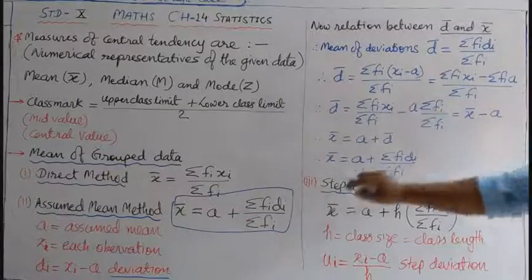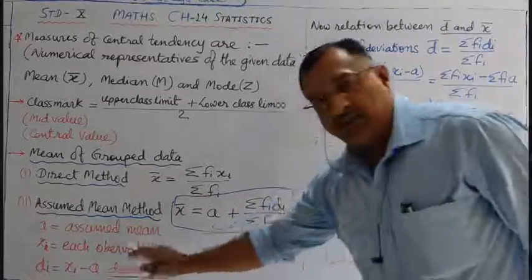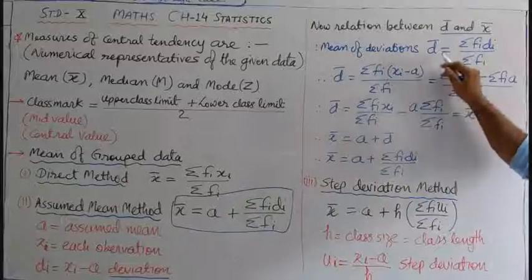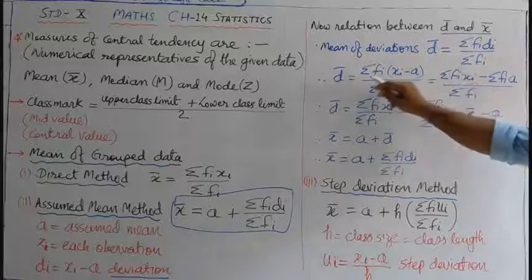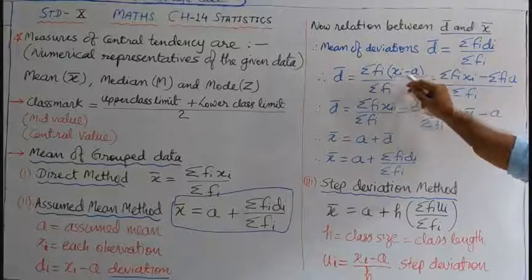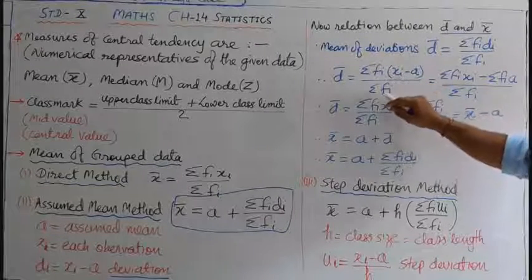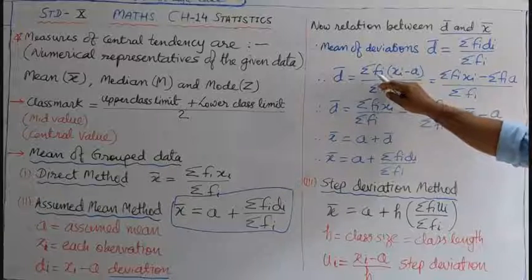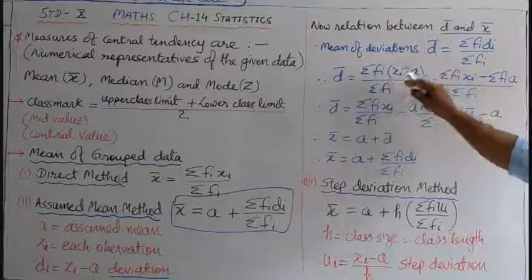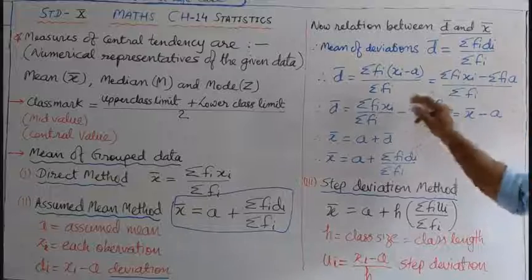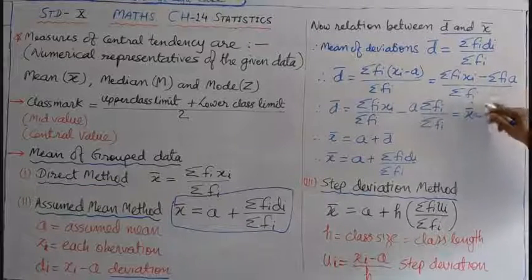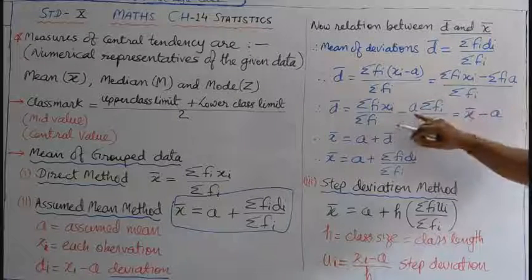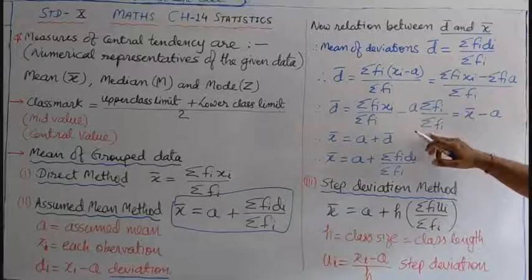As we know, deviation is equal to each observation minus assumed mean. So sigma fi Di, so sigma fi (xi minus a), denominator as it is. Now removing the bracket, sigma fi xi and then sigma fi a, then we get sigma fi xi upon sigma fi and sigma fi a upon sigma fi. So a is constant, so a multiplied by sigma fi upon sigma fi.